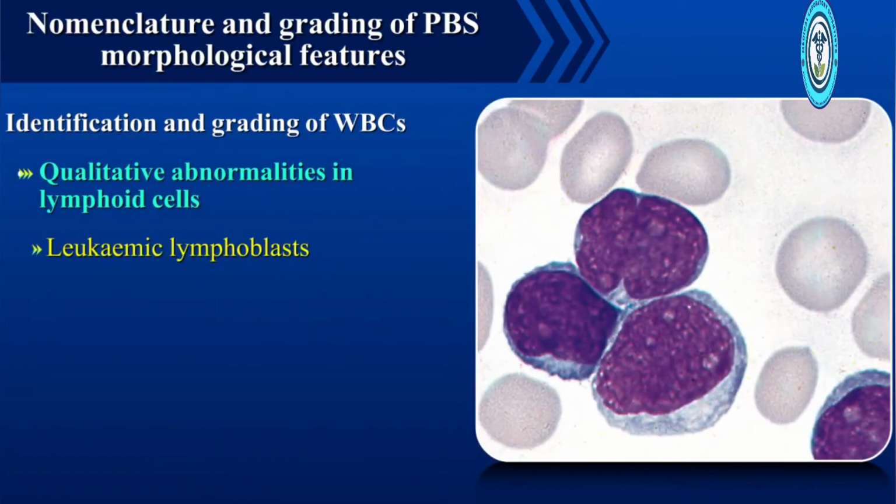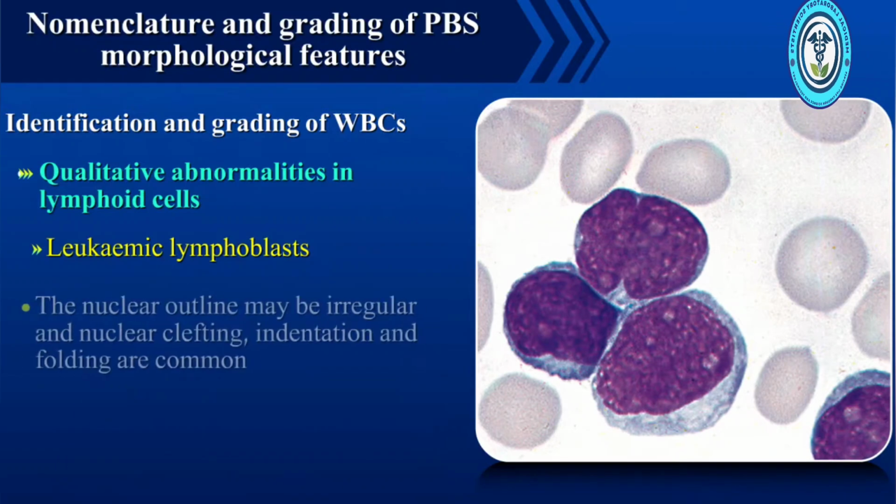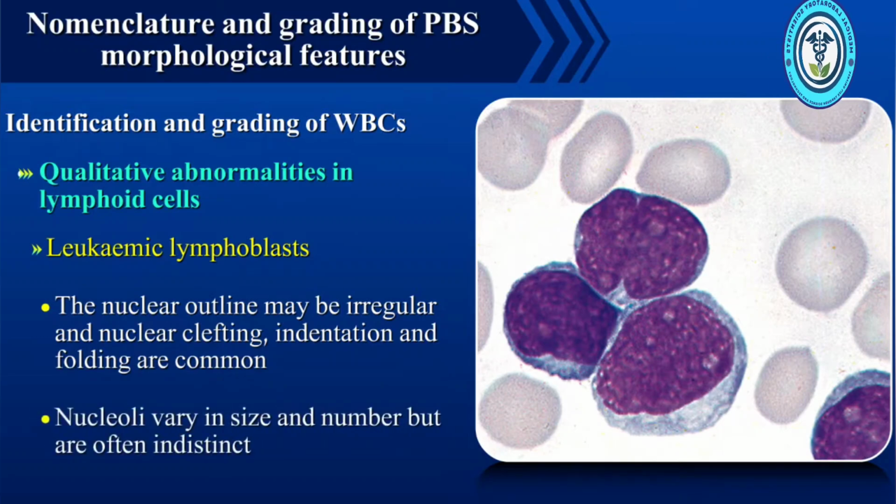Leukemic lymphoblasts range from those with a high NC ratio, clumped chromatin, inconspicuous nucleoli, and scanty basophilic cytoplasm to those that are heterogeneous in appearance and have a nuclear chromatin pattern varying from finely dispersed to coarsely condensed. The nuclear outline may be irregular and nuclear clefting, indentation, and folding are common. Nucleoli vary in size and number but are often indistinct.